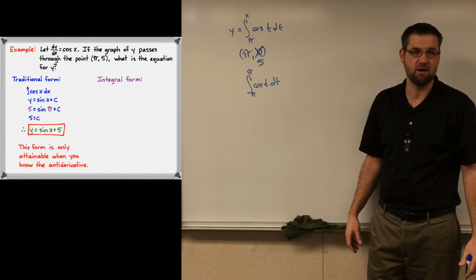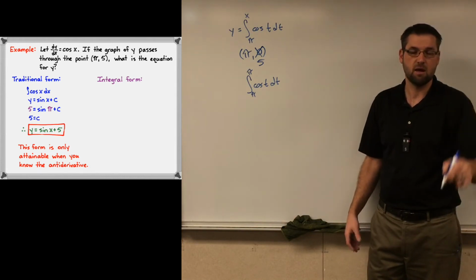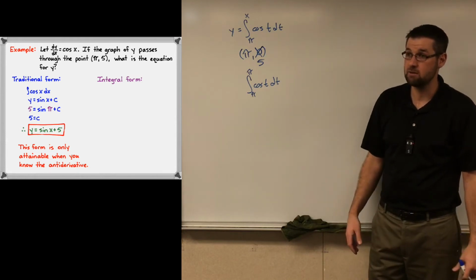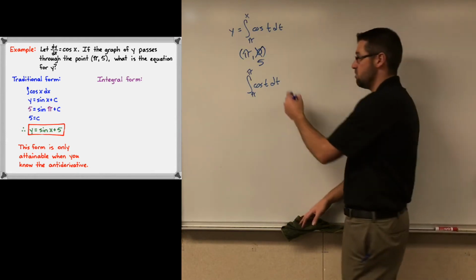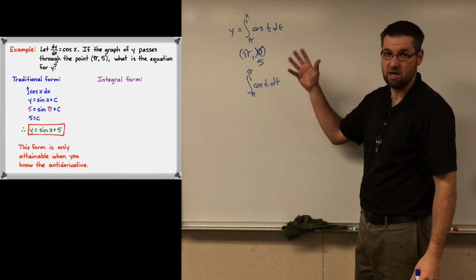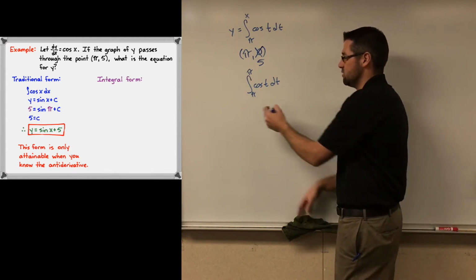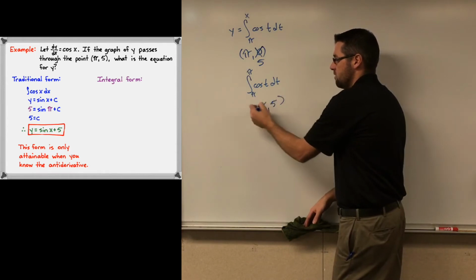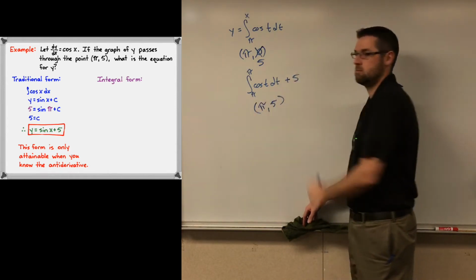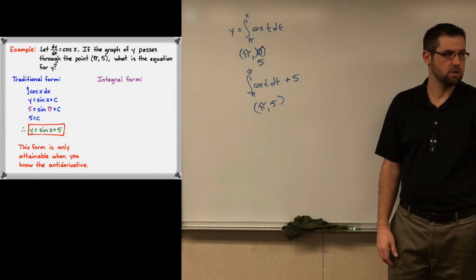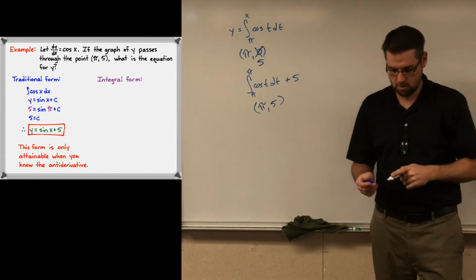What do I have to do to get 5? I have to do a vertical shift. How do I do that? Plus c. But we know what it should be now. What do I have to add to this to get an answer of pi comma 5? You guys see that?